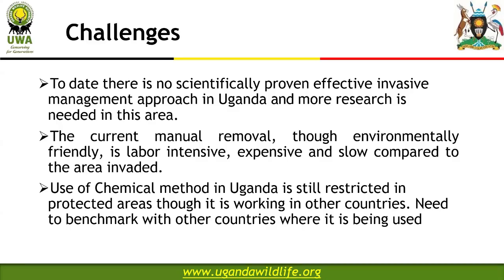This has to be done through benchmarking with other countries, because we need to be very careful in applying chemicals in our protected areas, as they are very fragile. We can't simply say yes. We definitely need to first do a lot of studies and understanding, and see where it has happened.